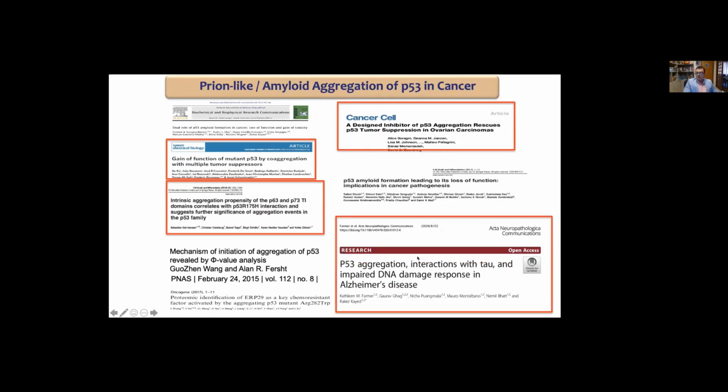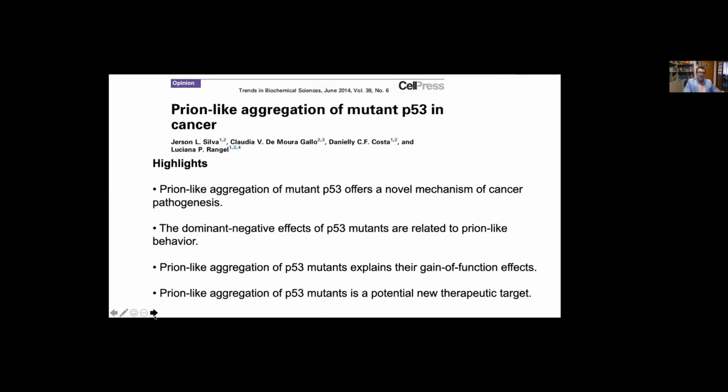More recently, there is also the interaction not only with proteins involved in tumor suppression but also, for example, in Alzheimer's disease, co-aggregation with tau. So it turned out that indeed the aggregation of p53 could be a therapeutic target.